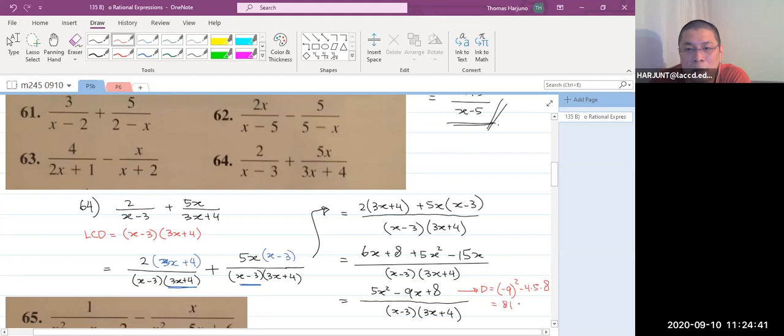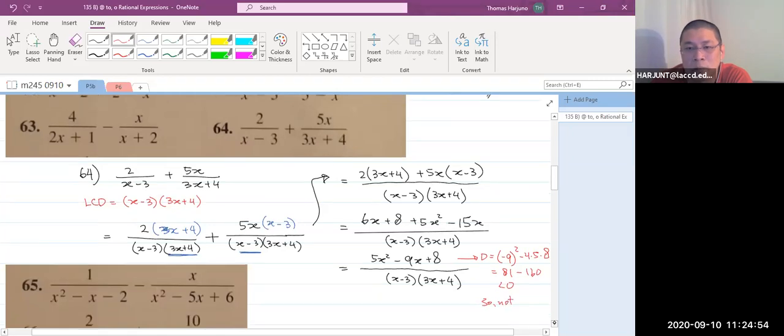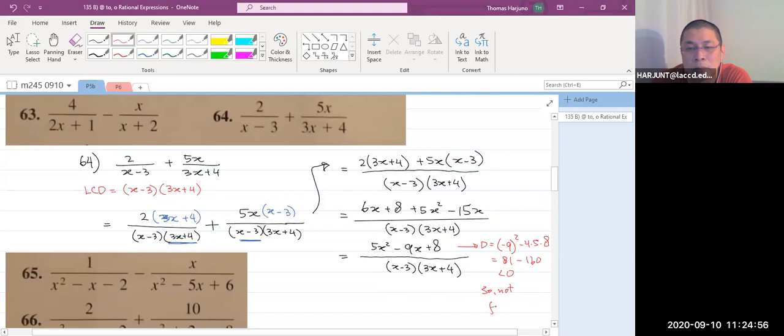That's 81 minus 160. Oh, that's negative, so it won't be a square number. So it's not factorable. And therefore, that's the final answer.